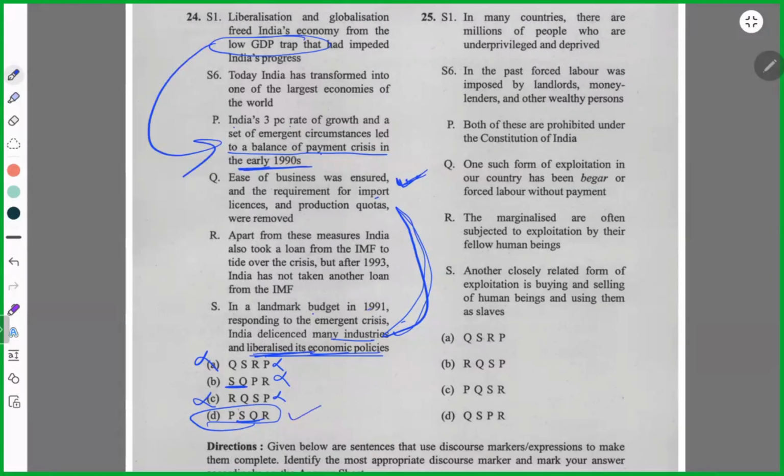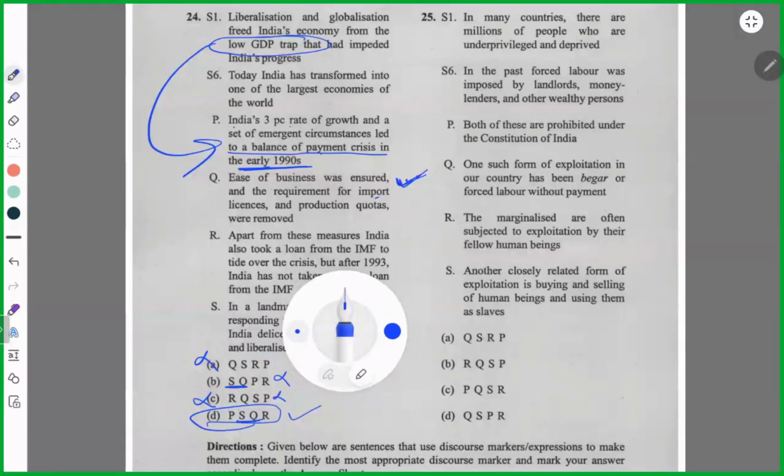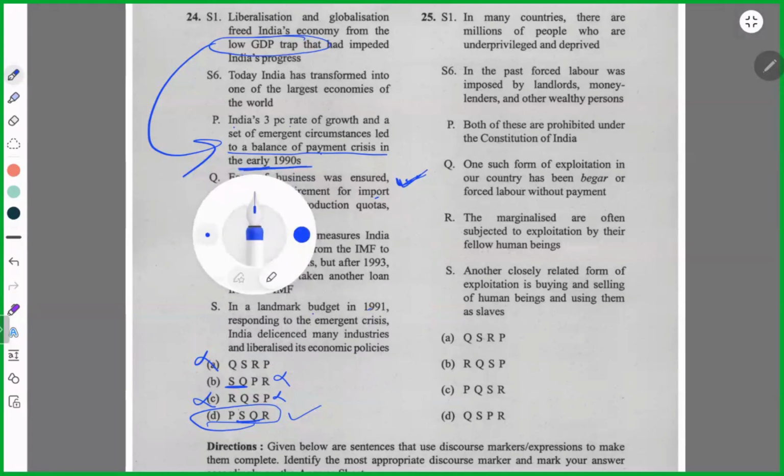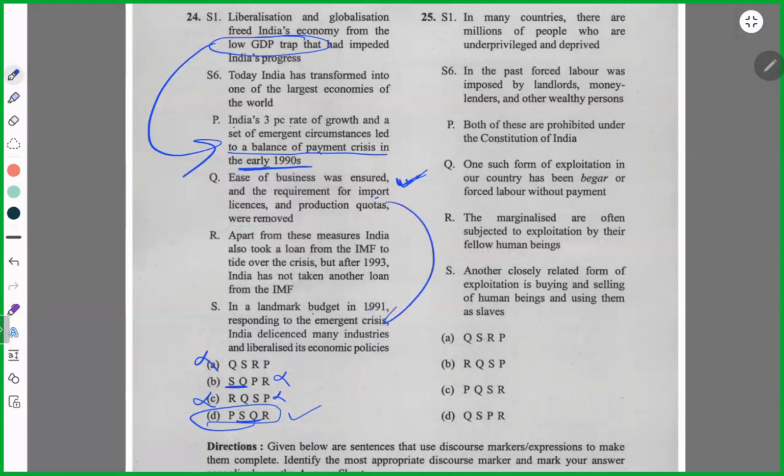In a landmark budget 1991 responding to emergent crisis, India delicensed many industries, liberalized its economic policies. Then ease of business was ensured and the requirement of import license and production quotas were removed. Apart from these, all are measures. That means Q, yes, SQR should be in line.